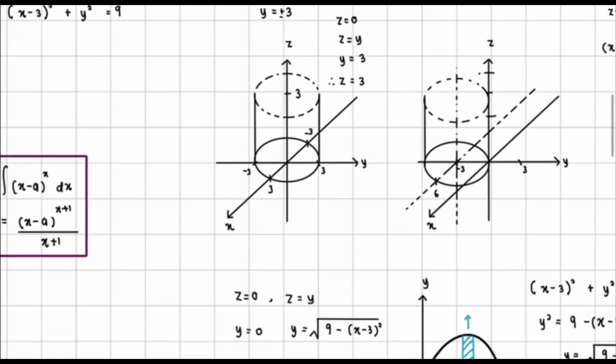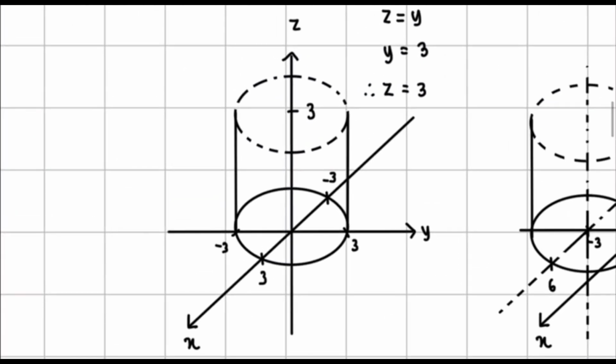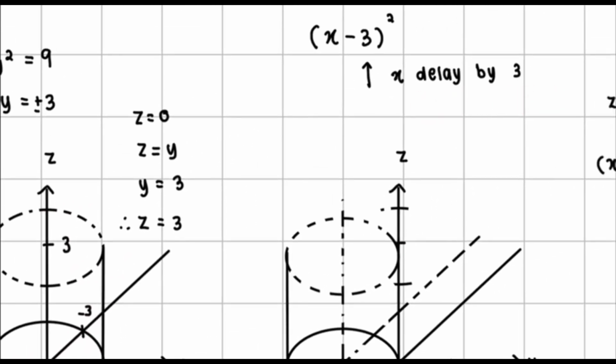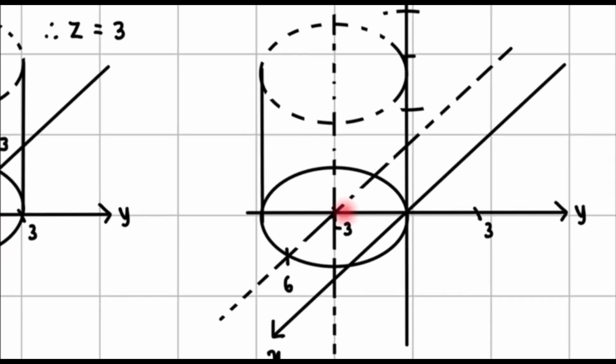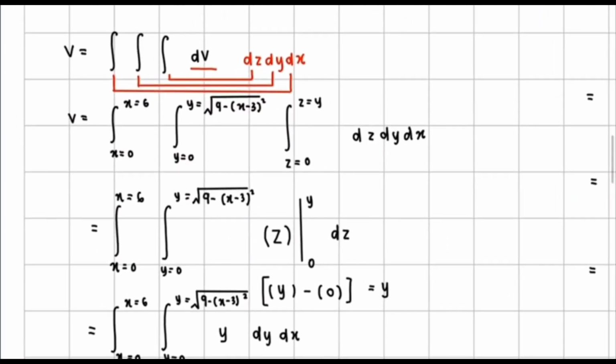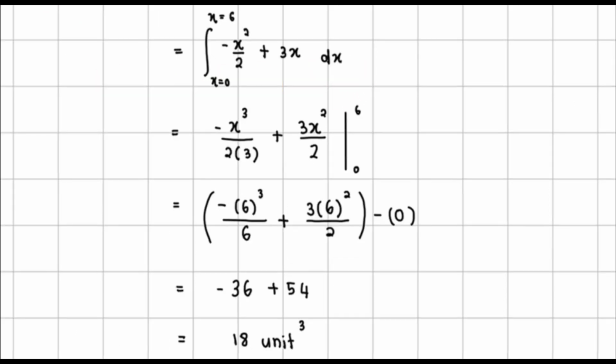This is my manual calculation. For the first, the cylinder I draw at 0, but in the equation it is shifted by 3, so it starts from 3 and goes to negative 3. I draw it at negative 3, and to find the value we use a triple integral, where dV is dz, dy, dx. What I get is 18 cubic units.